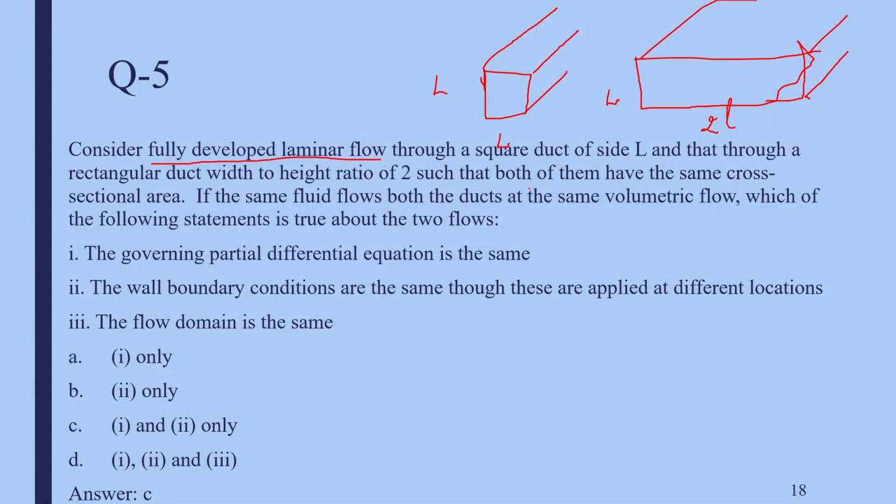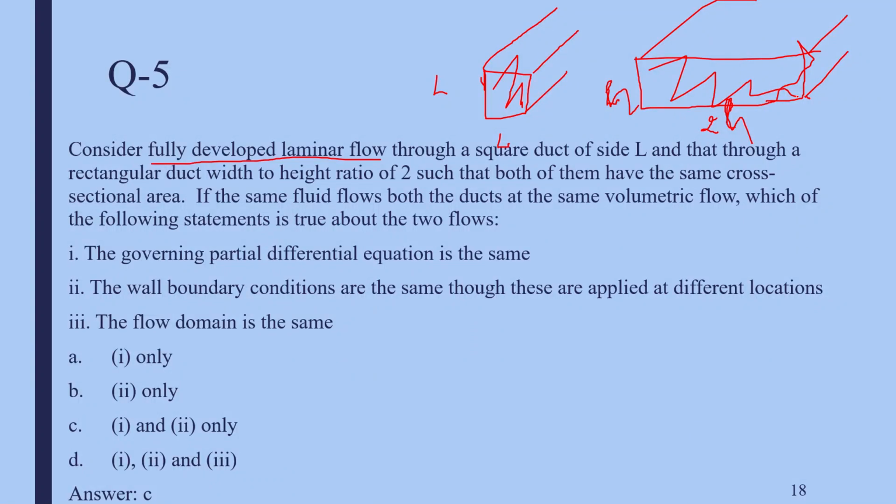If the same fluid flows, this is not L, but let us keep some height h, because the cross-sectional area is the same in both. This particular area is the same here and here, so the height and length would be adjusted such that if the same fluid flows through both the ducts at the same volumetric flow, which of the following statements is true about the two flows?